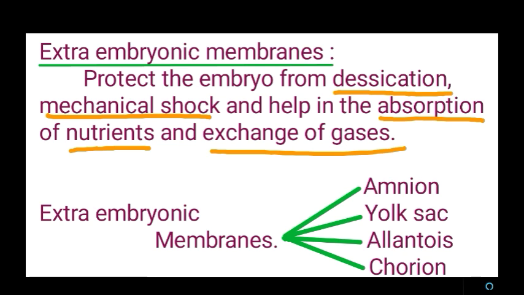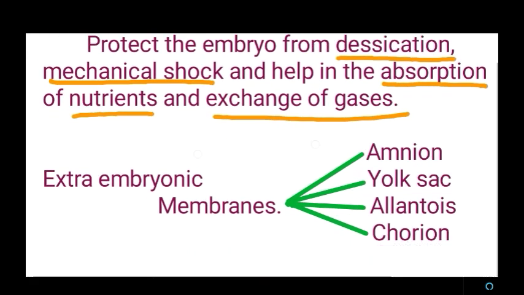What are the different types of extraembryonic membranes? They are amnion, yolk sac, allantois and chorion. These four together form the extraembryonic membranes.